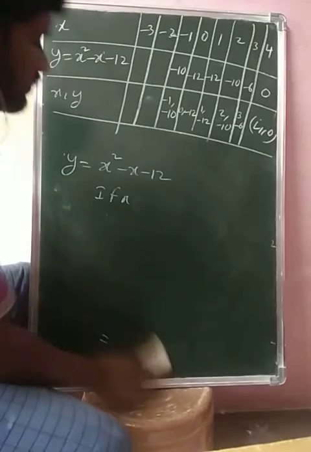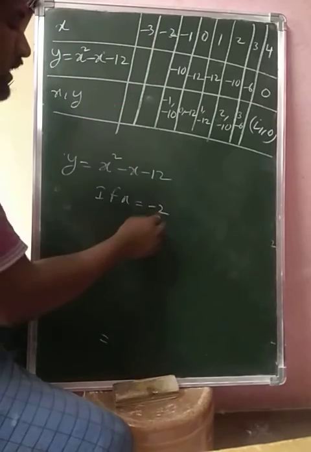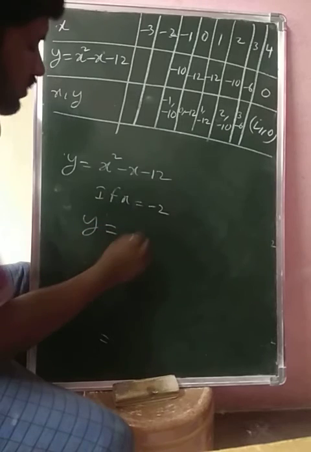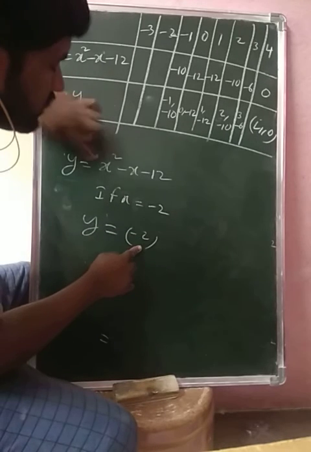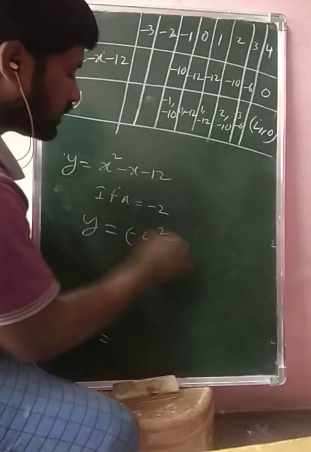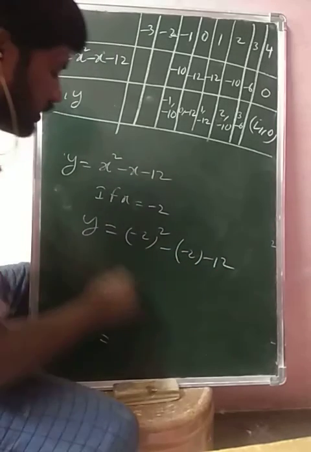Again I am taking x equals to the next negative number, minus 2. The value of y is equals to, in the place of x, substitute minus 2. Minus 2 whole square, already minus is there, x means minus 2, minus 12.